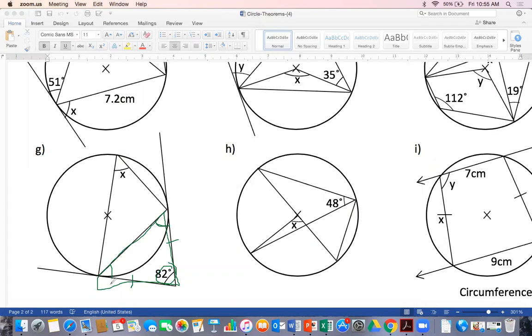How to find them? Is it 180 minus 82? It's 98. Okay, and then?